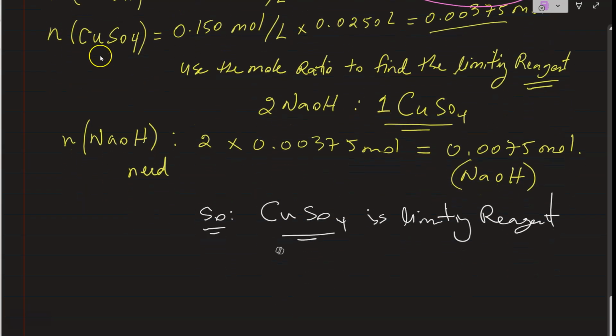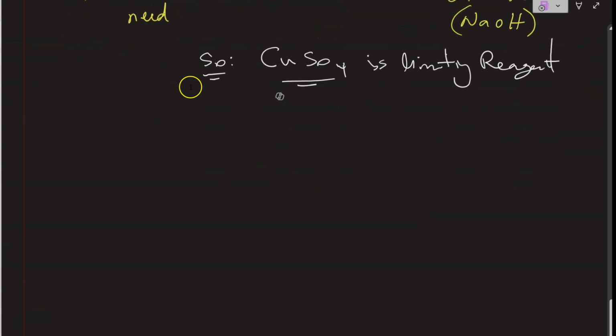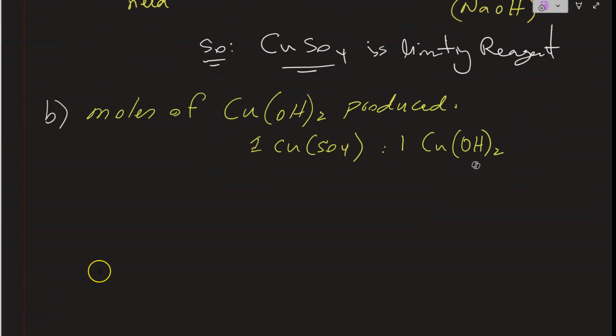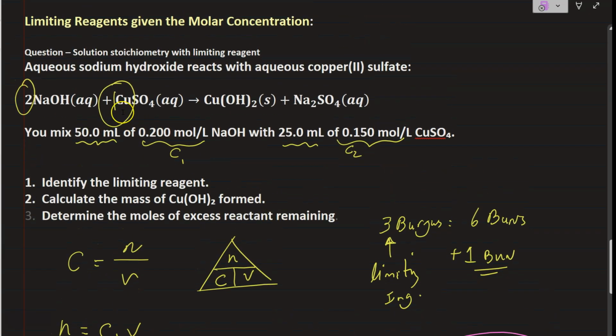Very good. Now that we know this, we're going to calculate the mass of copper hydroxide formed. This is part B. The first thing, you have to make sure of the mole ratio, 1 to 1. You go back to the equation. Yes, it is. 1 copper sulfate to 1 copper hydroxide right here.